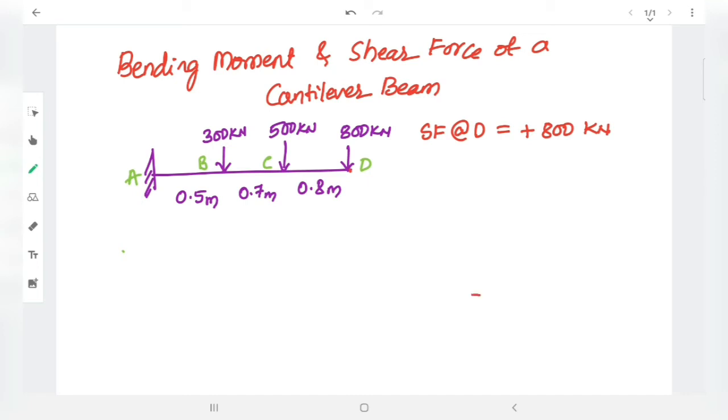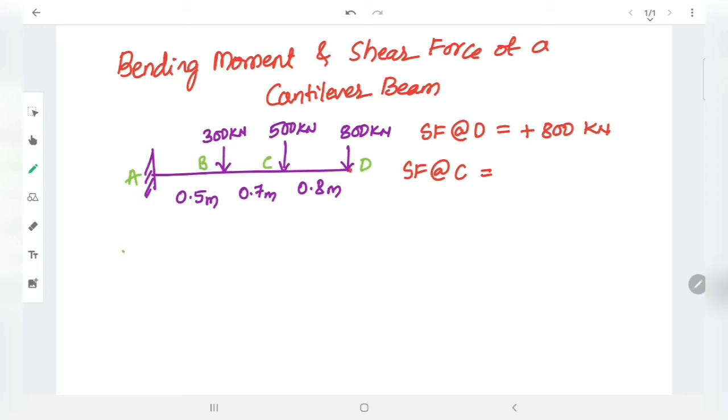Okay, now at D we are getting a shear force of 800 kilonewton. Now we are starting from right to left. We are finding shear force from right to left, that is D, C, B, A, like that. Now I will be finding shear force at C. From here to here, what are the forces acting?